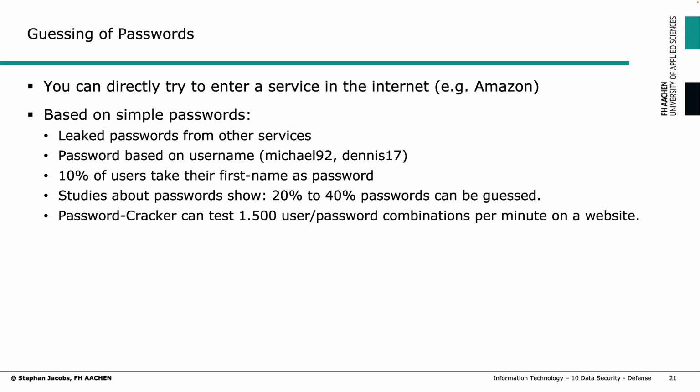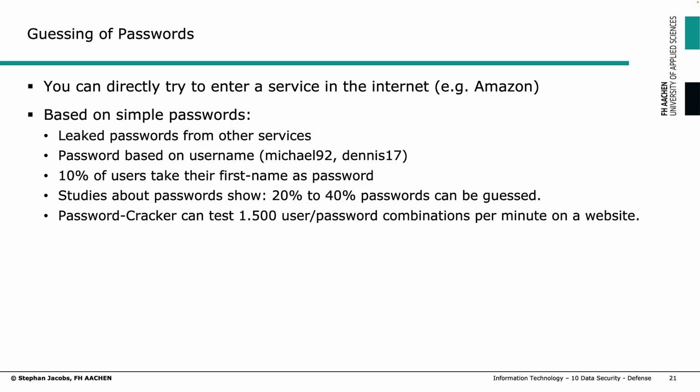Again, you could try to simply guess a password. How would you approach this one? Maybe you have leaked passwords from other services. Remember, for example, this Sony case. Or you could start guessing passwords based on a username, something like Michael92 or Dennis17. Statistics show that 10% of users take their first name as a password.